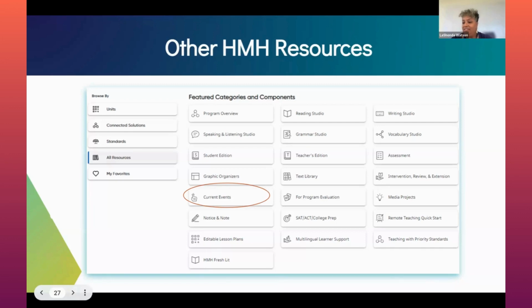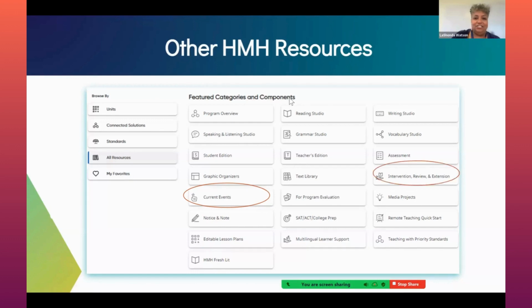And also available are activities that can be searched by TEKS for intervention and review, with the intervention and review and extension here where my cursor is. And as you can see, there's also SAT and ACT College Prep.